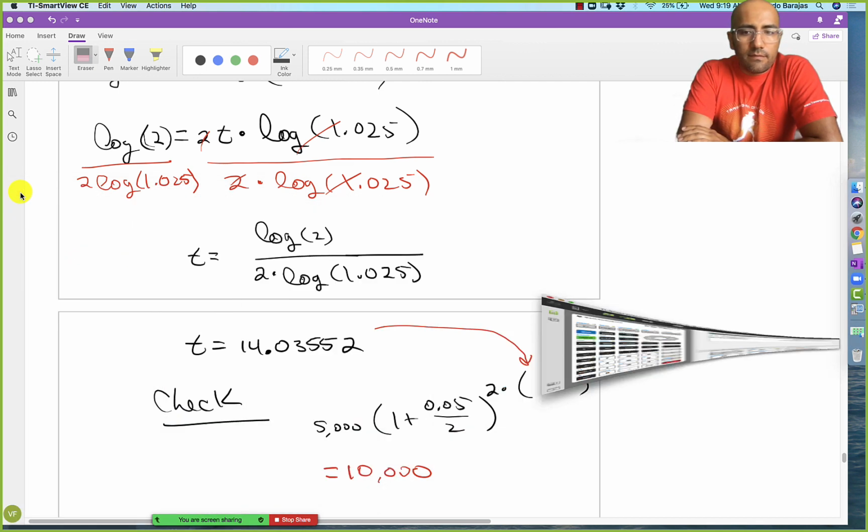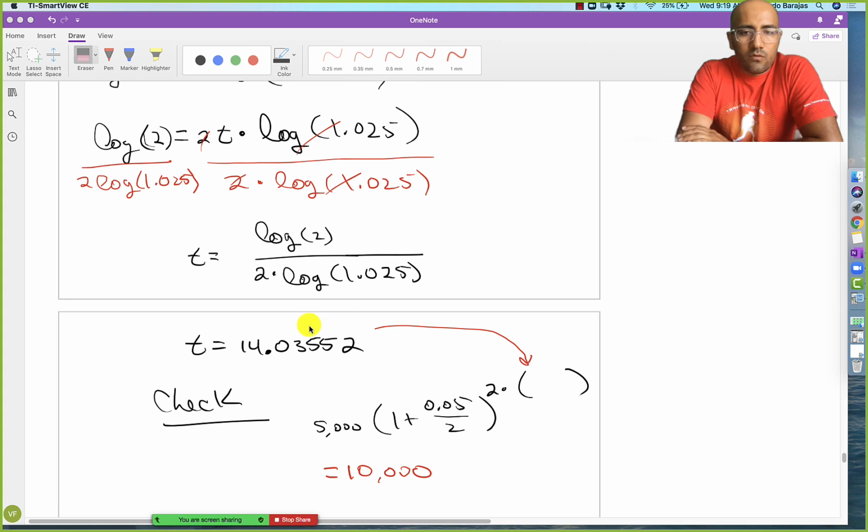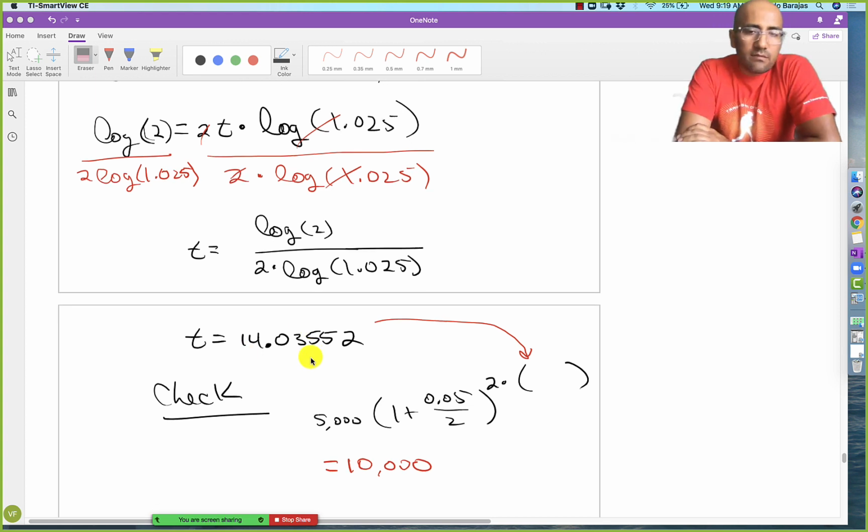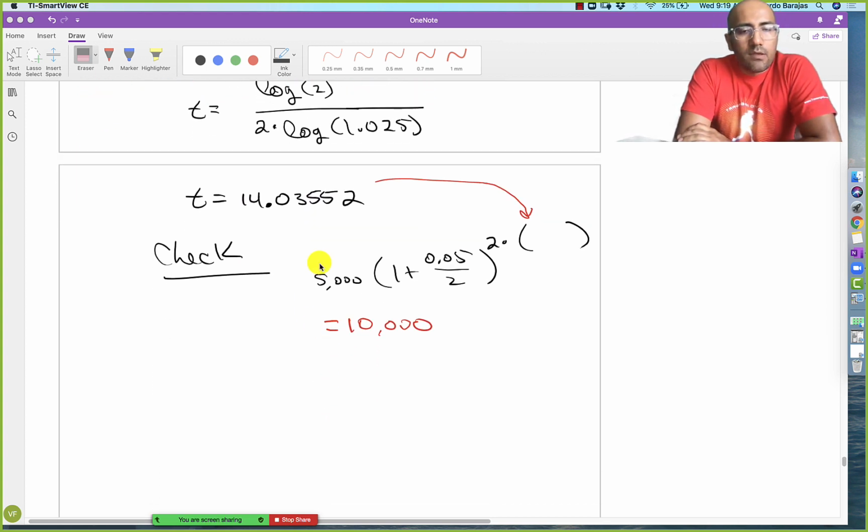Any questions? No? How do we turn this into a more appropriate way of saying it? We don't like to say a decimal number of years, or it doesn't seem as palatable. So think of this as a percentage of the following year. It's 14 years, and then it's 3.55% of the following year, which we can turn into a number of days.